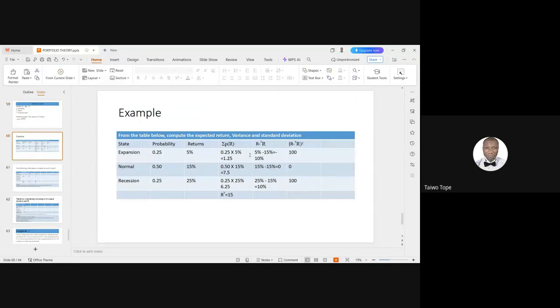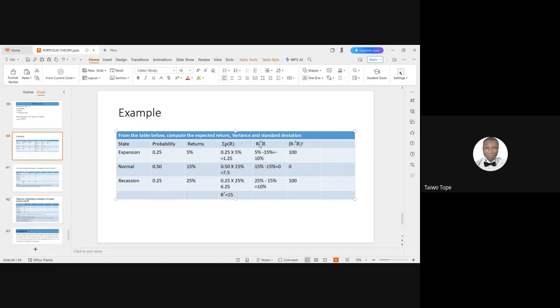From the formula, your R given in the question are 5%, 15%, 25%. Your R bar is what you solve for: 1.25 plus 7.5 plus 6.25 gives you 15.